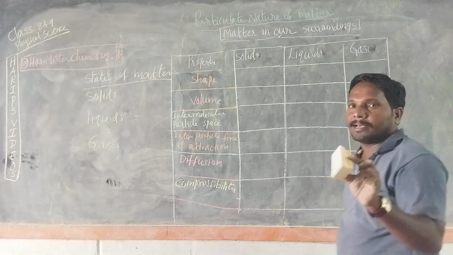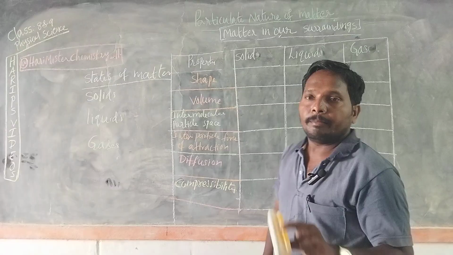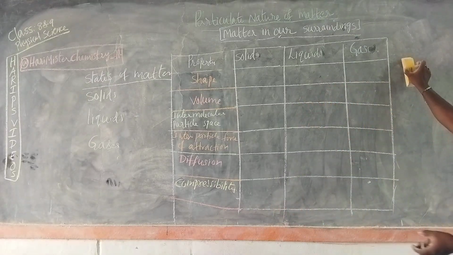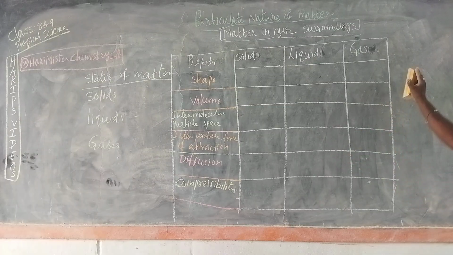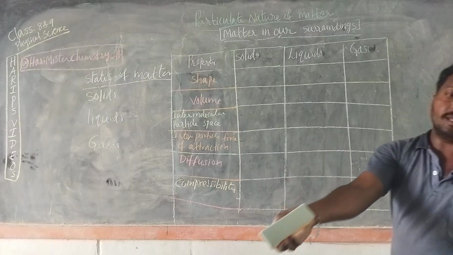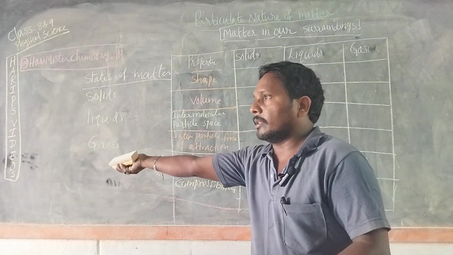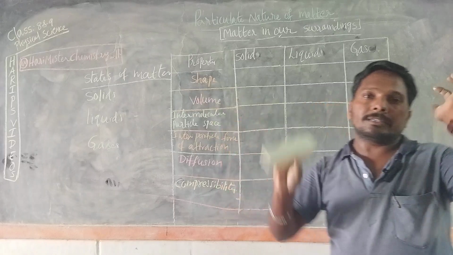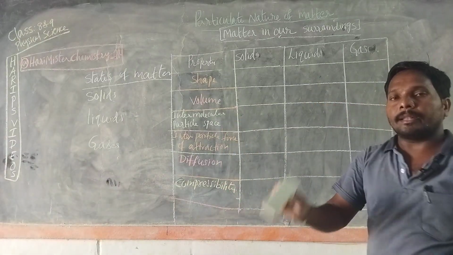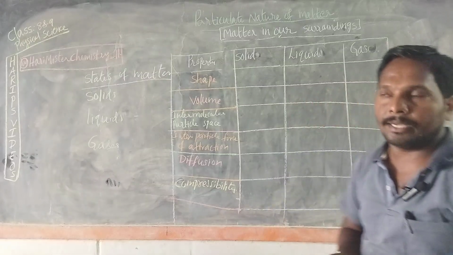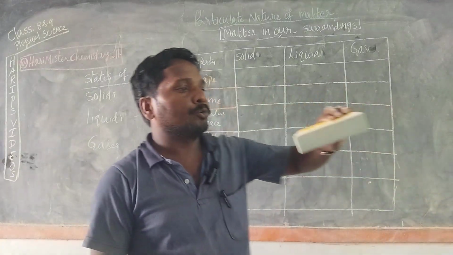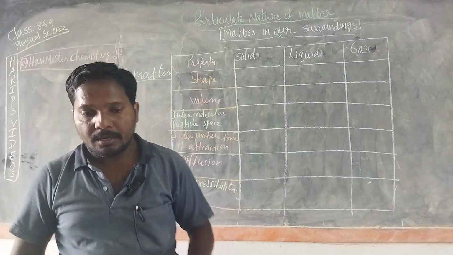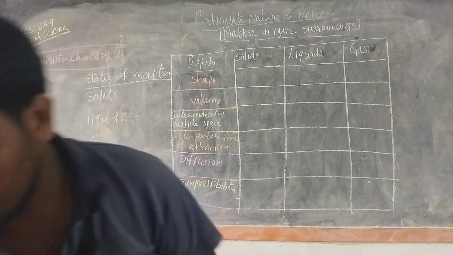It is also an example of matter, because it occupies some space on my hand and palm, on the board, on the floor, on the chair, on the table, on the road. Everywhere it occupies some space, and it also has some mass. Observe that. What is the shape here? A cuboid, just like that.